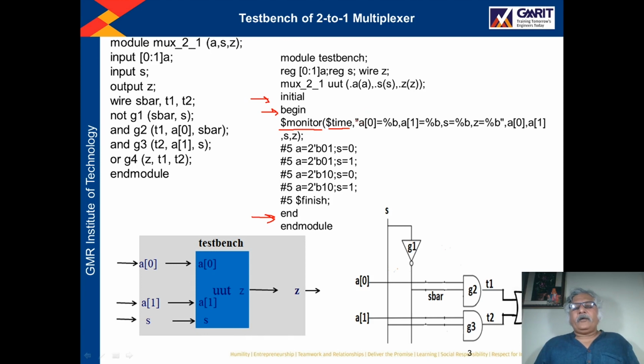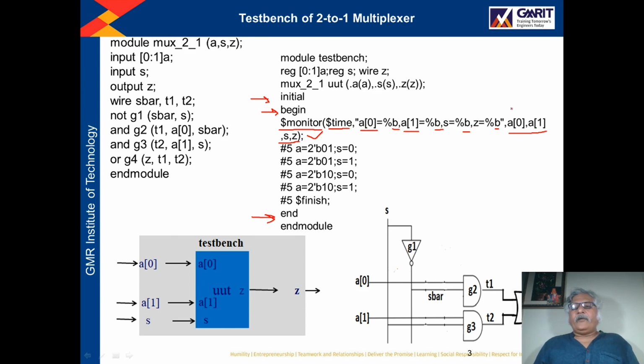Then inside double quotes we will mention what type of variables these are. So A0 is bit type, percentage b means bit type. A1 is also bit type, S is also bit type, Z is also bit type. So this we have to write in double quotes. Then comma, then the names of the variables A0, A1, S, Z, and terminate this line with a semicolon.